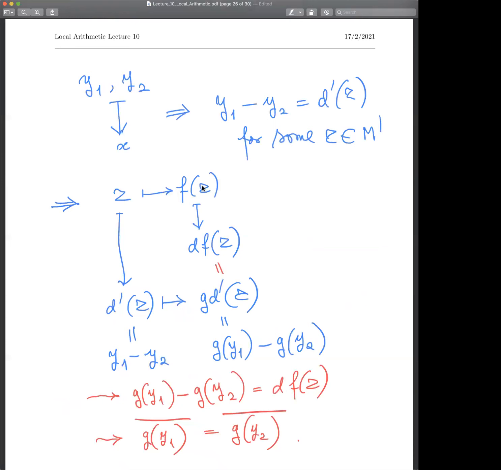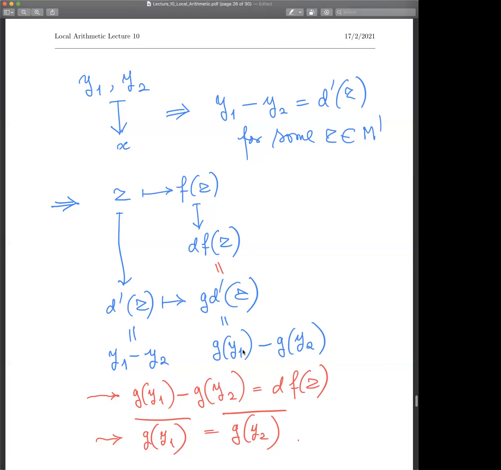I can apply f to it, and then d to that f. But this z goes to d prime of z, and d prime of z goes to g of d prime of z. And these two things are equal because this square commutes. But this d prime of z was equal to y1 minus y2. So when I apply g to y1 minus y2, I'll get g of y1 minus g of y2. Now, the difference g of y1 minus g of y2 is equal to d of f of z.